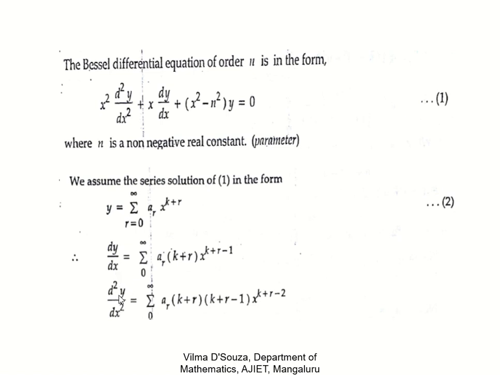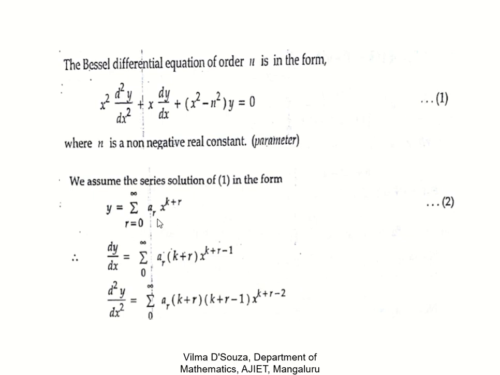Differentiate again, d square y by dx square is summation a r into k plus r into k plus r minus 1 into x to the power k plus r minus 2. Differentiation of x to the power k plus r is k plus r into x to the power k plus r minus 1, and again when you differentiate you will get k plus r minus 1 into x to the power k plus r minus 2.